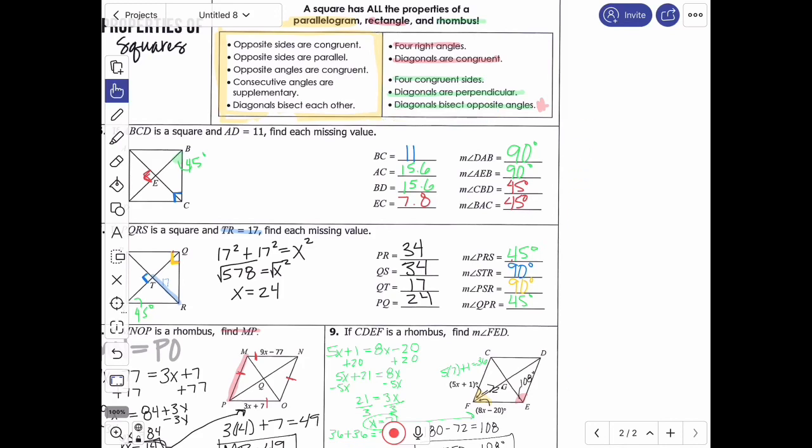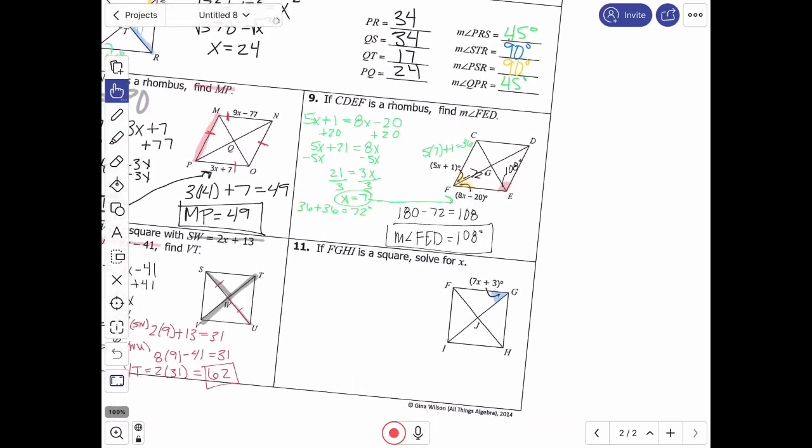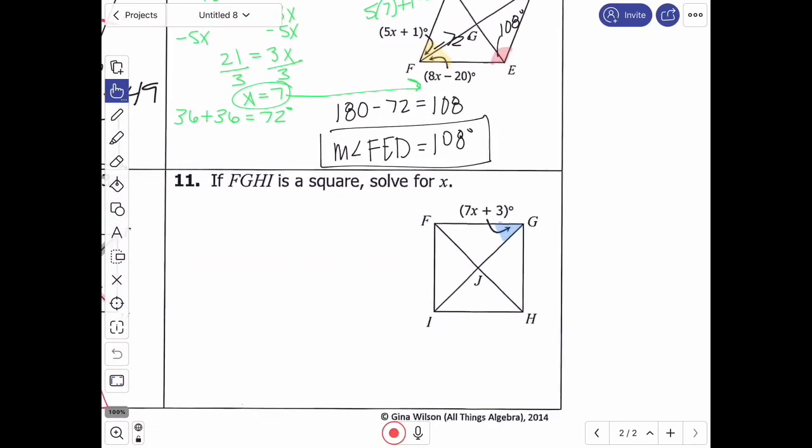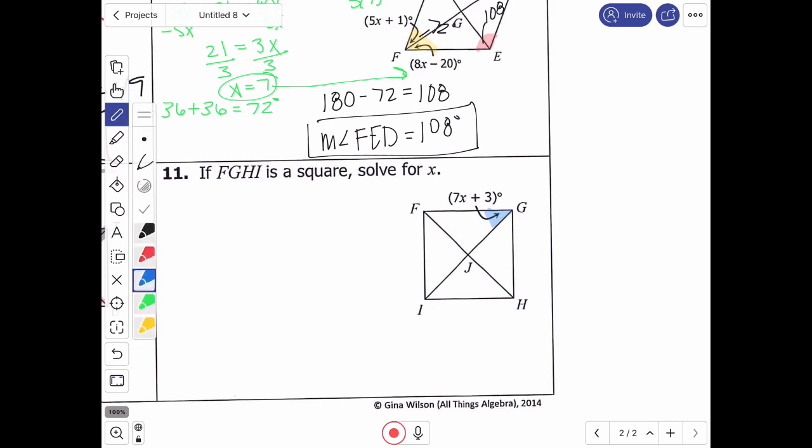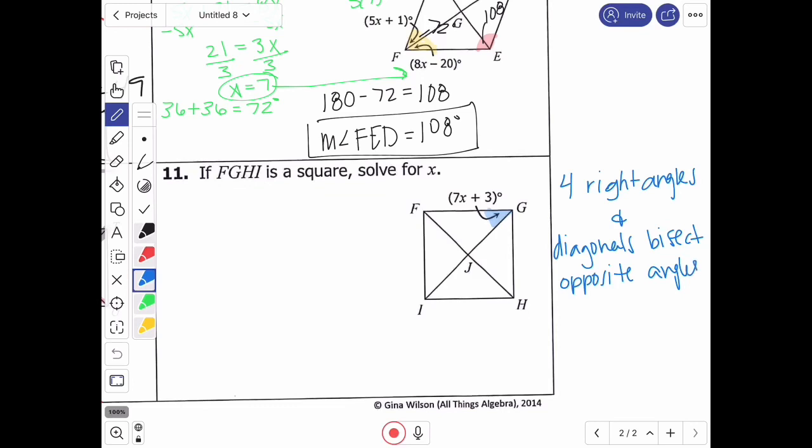So I'm going to write that because that is important. 4 right angles and the diagonals are bisecting those opposite angles. Okay, so make sure you have that.